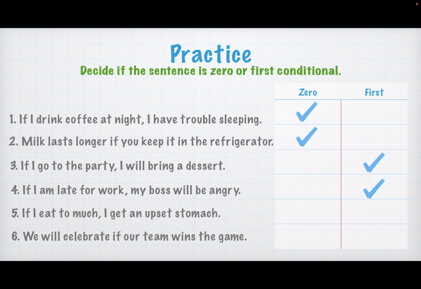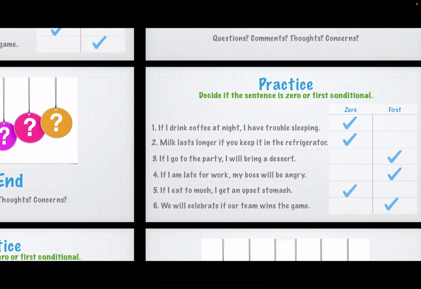I've got that future tense will be in the result clause. Number 5, if I eat too much, I get an upset stomach. That is the zero conditional. And then finally, number 6, we will celebrate if our team wins the game. That is the first conditional. We will celebrate.